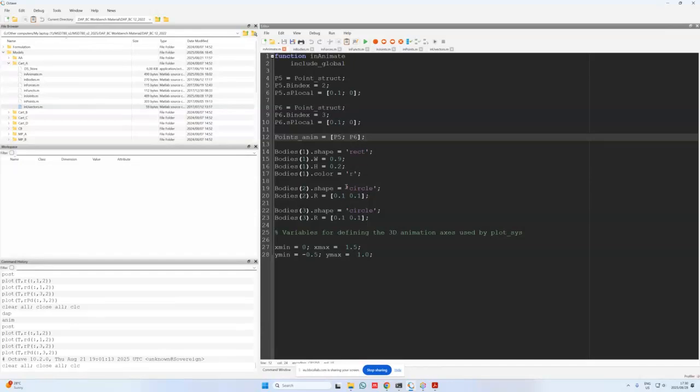For bodies 2 and 3, both of them are modeled as circles to indicate that they're disks. And then I also need to give them the R, the radius of the actual disk that is being modeled. And this is now where a difference comes in between Octave and MATLAB. When you specify bodies2.r in MATLAB, you would have just said 0.1.